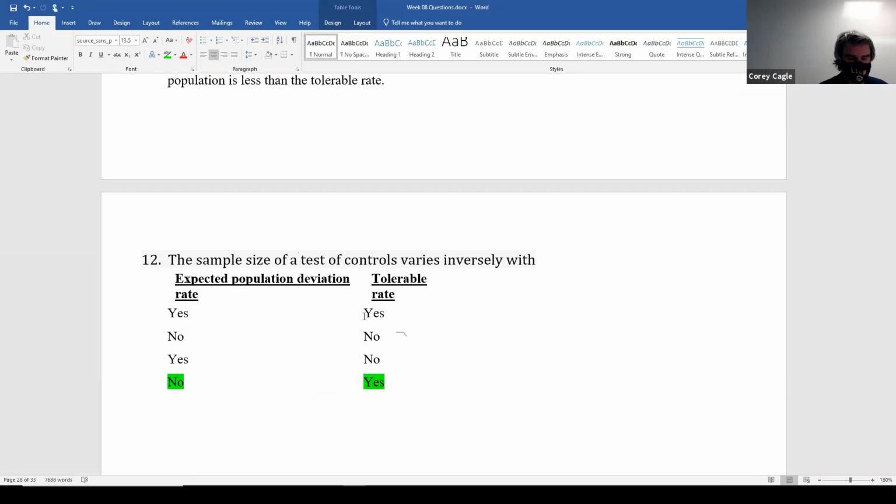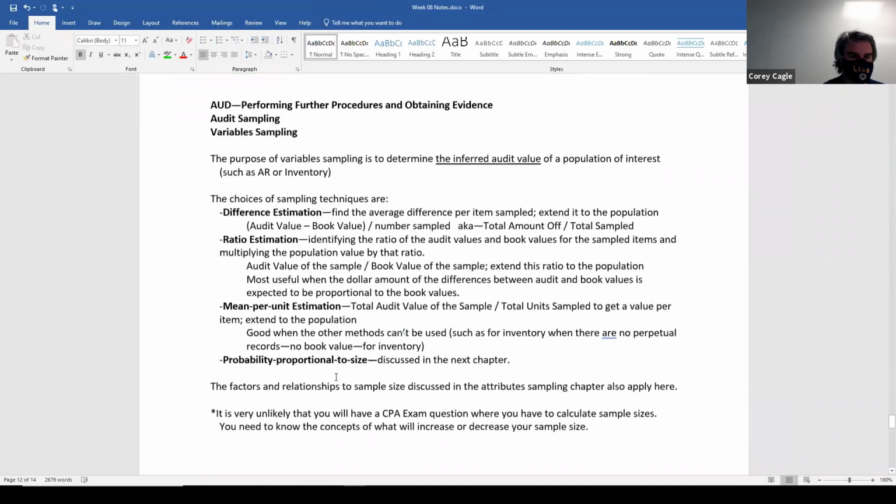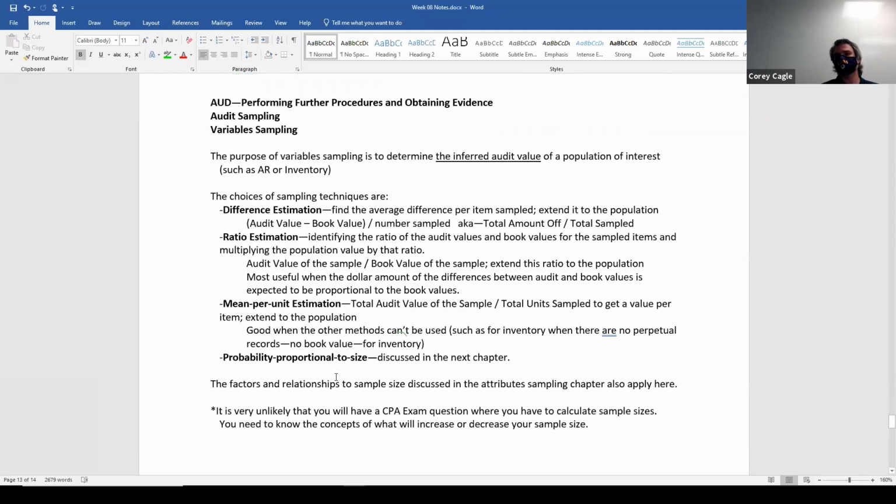All right, so we went through all that, and then we're like, okay, now we got to do variable sampling. But the good thing is all the concepts we just talked about pretty much tie in here too. It's just now we're sampling dollar figures to see is the value appropriate.